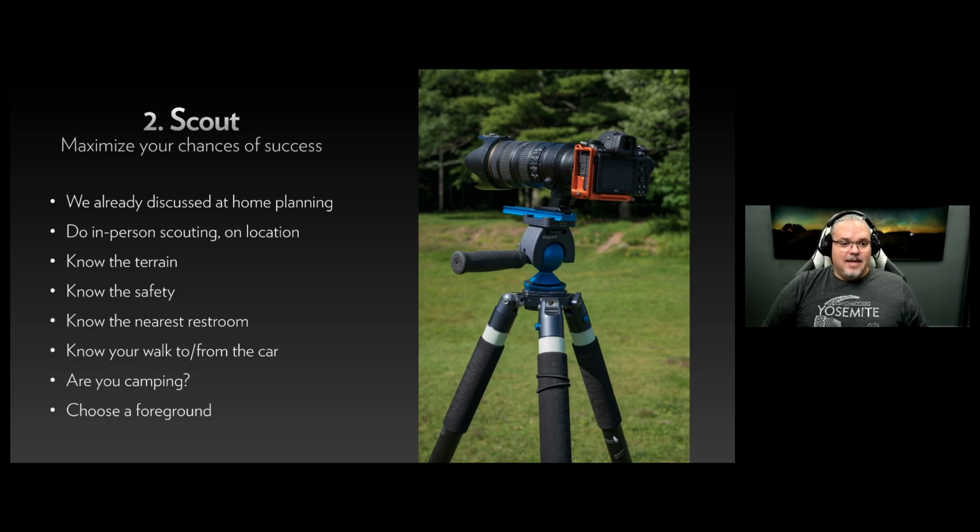So, you need to walk around with daylight, and you need to understand whether you need to be wearing hiking boots or trail shoes or even sneakers, right? This is really important. Know whether you feel safe in that location. As this is an area with a lot of wildlife, perhaps apex predators, or insects that you don't want to deal with, you need to know these things, and you can only experience that firsthand. So please, please scout during the daytime.